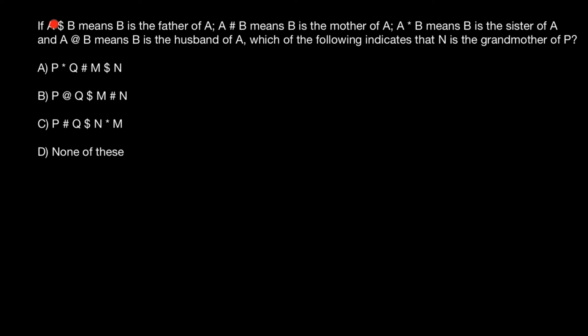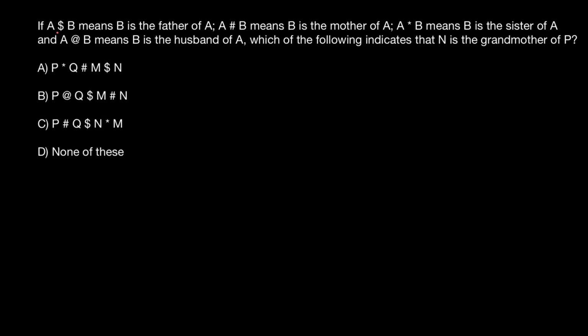Take a look. We have different codes here, but every time we have a relationship of B to A. This is important. Now let's pay attention to what each sign gives us.